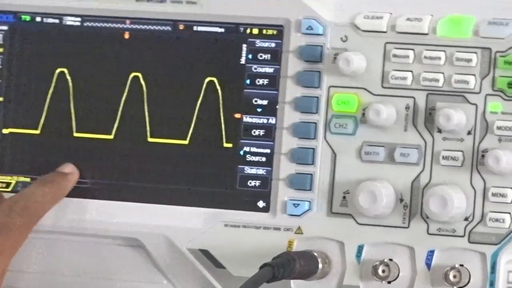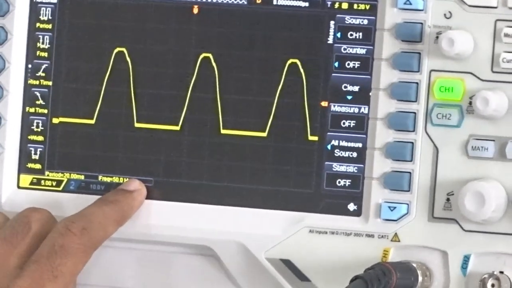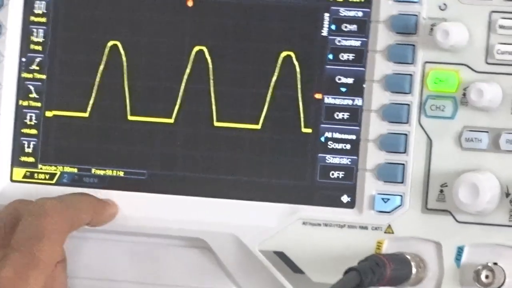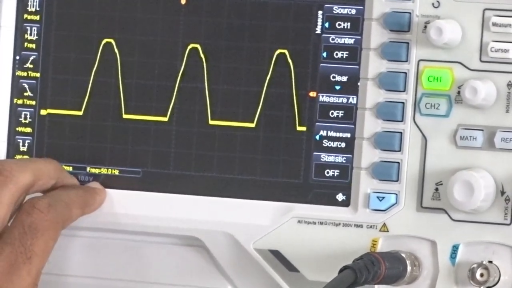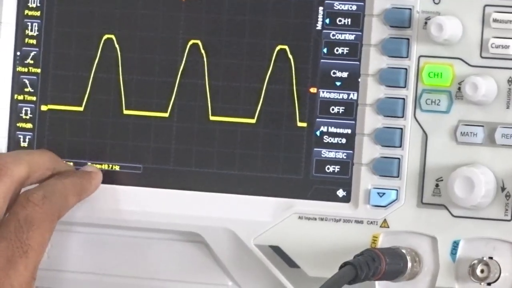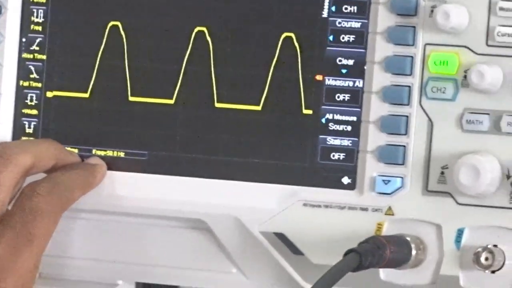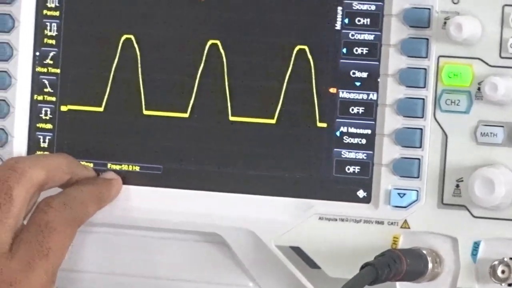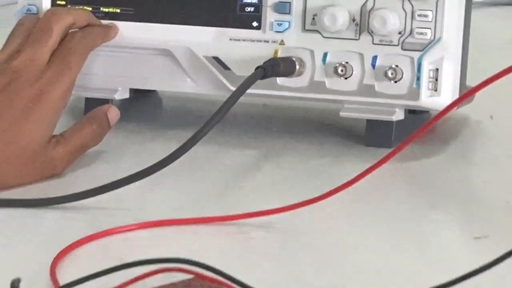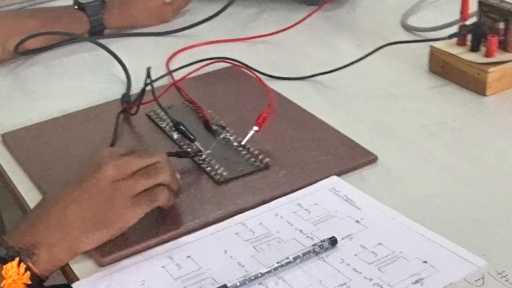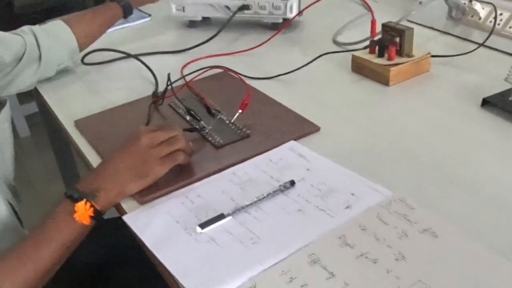After getting this output, we need to find out the ripple factor, efficiency, and percentage of regulation. In order to find these values, we need to know the RMS value and the VDC value. To find the RMS value, first we have to know the maximum voltage.